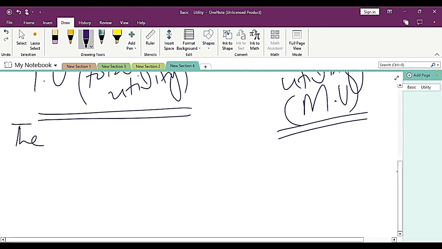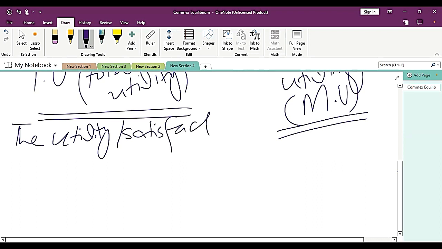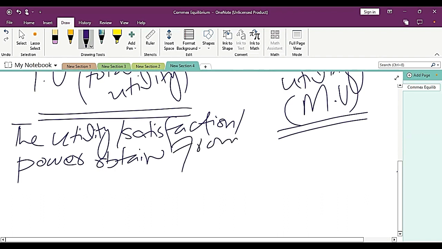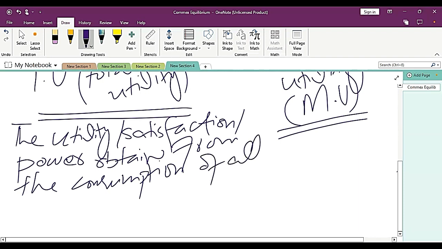The utility or satisfaction or power obtained from the consumption of all units of a product.